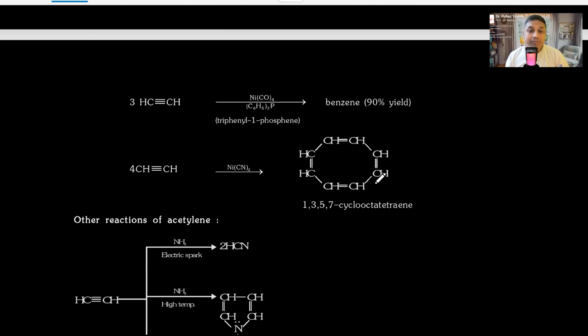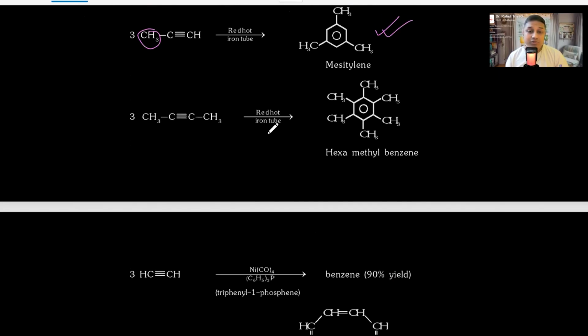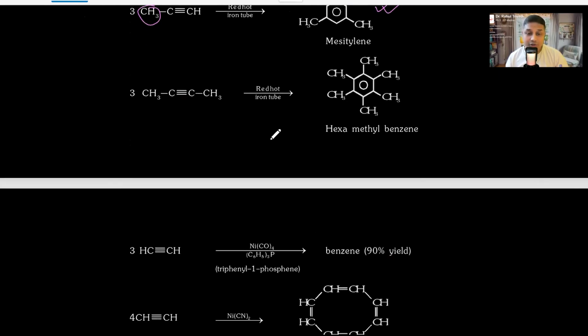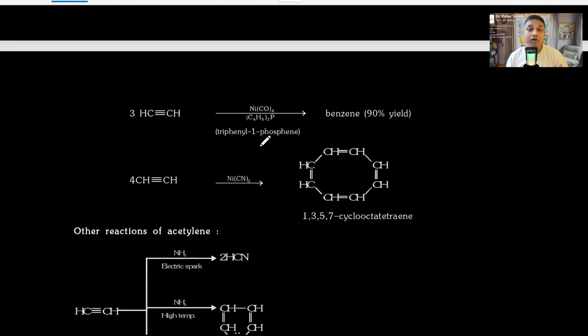Now similarly, in place of, let's say, using a red hot iron tube or red hot copper tube, if you go for triphenyl phosphine along with nickel carbonyl, then what will happen?